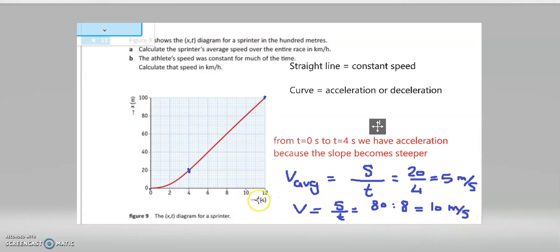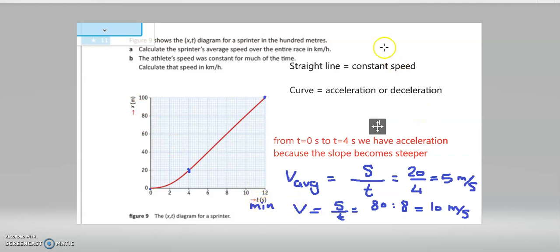So let's say that instead of second here we have, for example, minute. You need to watch out for the units that we have. If we have meters here and we have minute or hour here, you need to convert time to seconds. If we have a kilometer here, you can use hours.